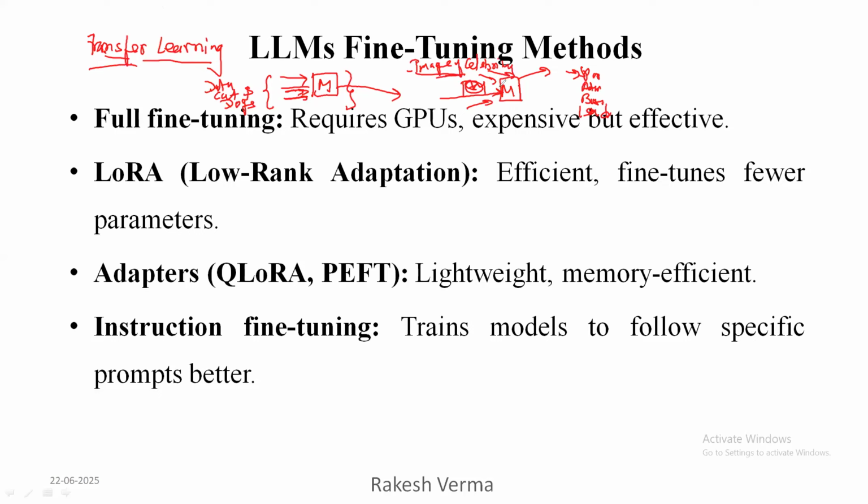That means whatever the model was trained on earlier, we just train again or update the training of this model on our own data, and then we can use this model for a particular problem. This type is called transfer learning. And when we do this, it is called fine tuning. What is the fine tuning method?